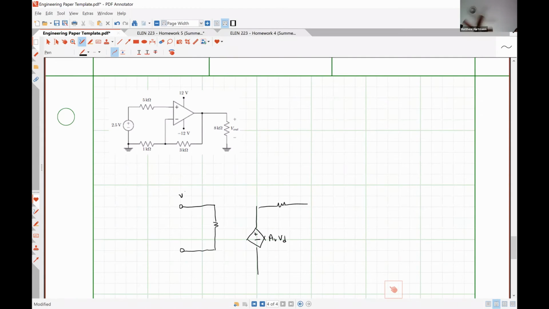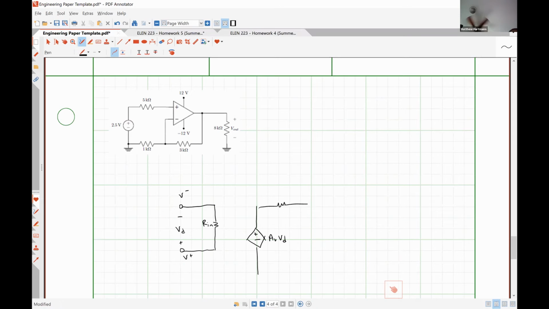I'm going to make this my inverting, this my non-inverting, so that this is VD. The reason I do that is because it's going to let me do my feedback loop a little bit easier.